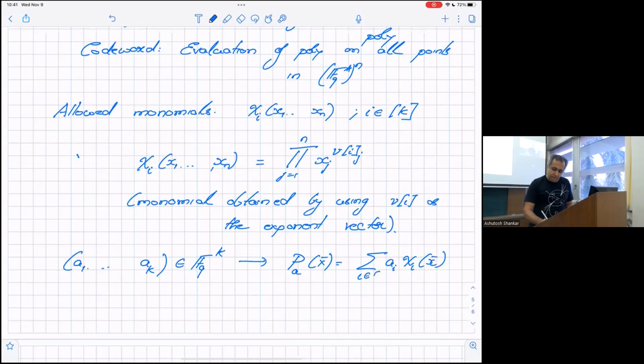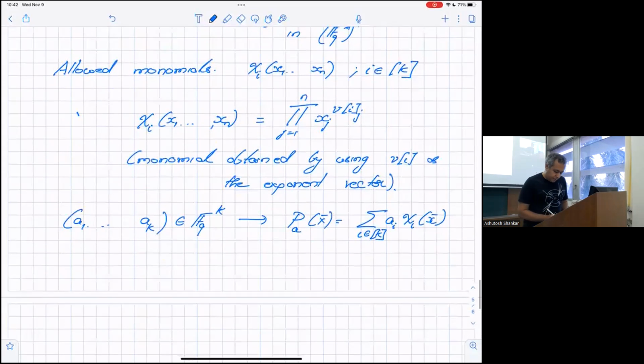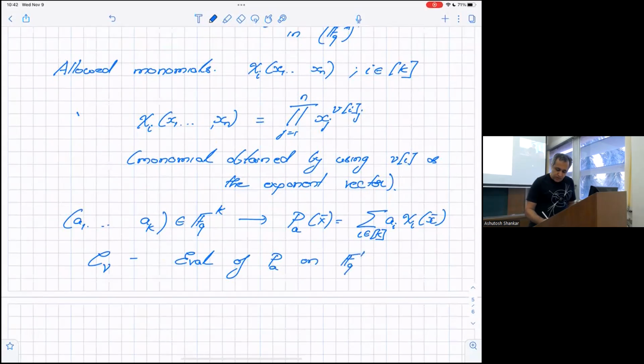The codeword C_v is the evaluation of P_a on F_q star. That's the description of the code.